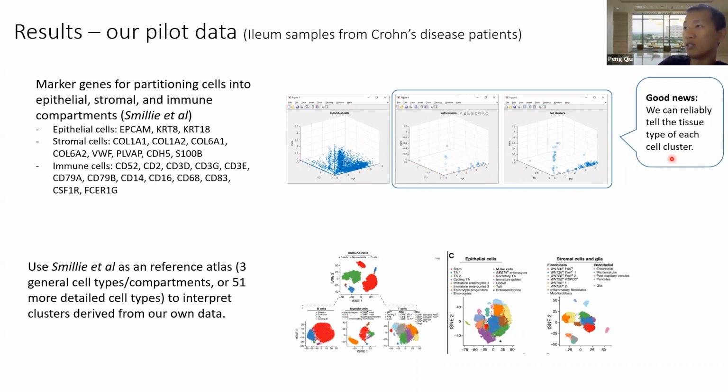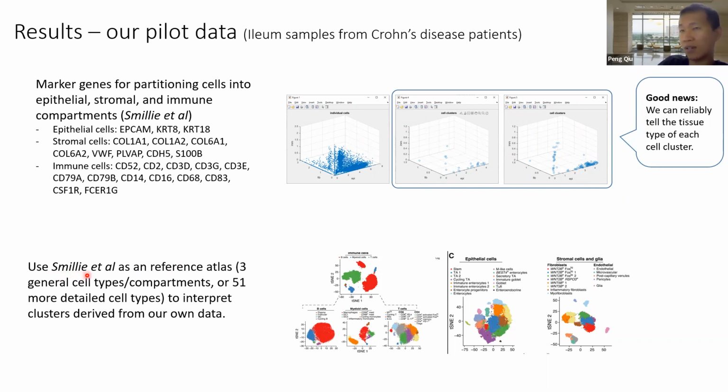So basically, the good news is, with our data, we do clustering, and based on marker genes, we can easily tell which tissue compartment each cell cluster belongs to, and that can form some ground truth for us to test our annotation algorithm. And our annotation algorithm does need a reference data set. So we took a published data set by the Broad Institute.